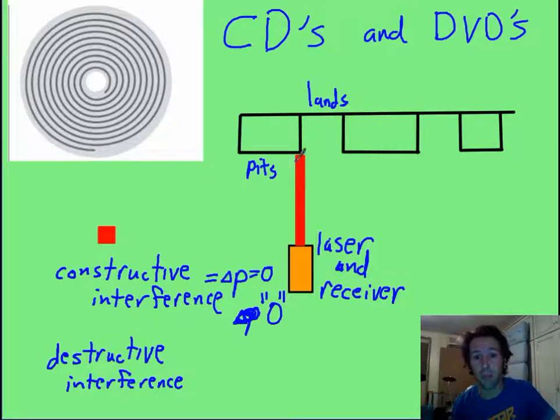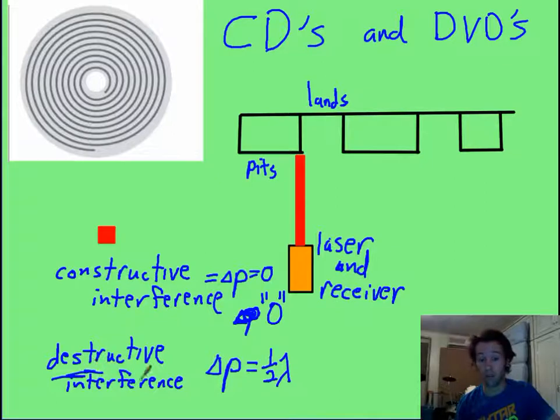However, let's say part of it bounces off here and part of it bounces off here. Now they've traveled different path lengths. And if your difference in path length happens to equal half a wavelength, you get destructive interference. And that laser receiver is going to say, I'm going to call that something different. I'm going to call that a 1 in binary.